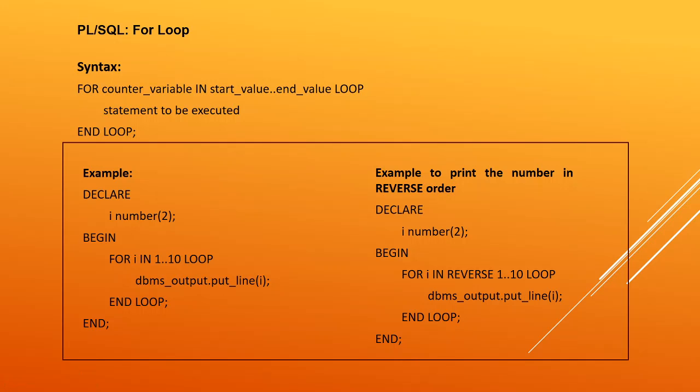All right. Next, for loop. In for loop we have two variations. One is we're going to increment the values from the start to the end, and the second variation is we are going to start from the end to the beginning. That is, if you are trying to decrement values, if you want to print something in reverse, we go for reverse.